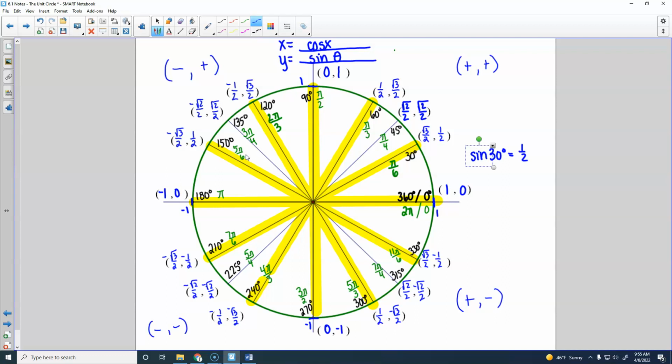And once we graph trig functions, then we can see where trig functions can actually apply in situations that have nothing to do with triangles at all. And so it's kind of cool to see that connection. So that's the reason that we do the unit circle, is for that connection between these.